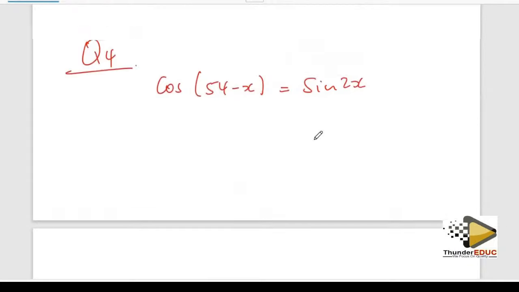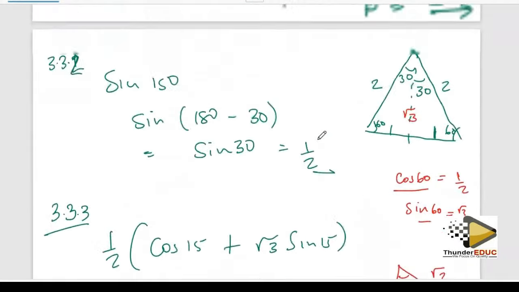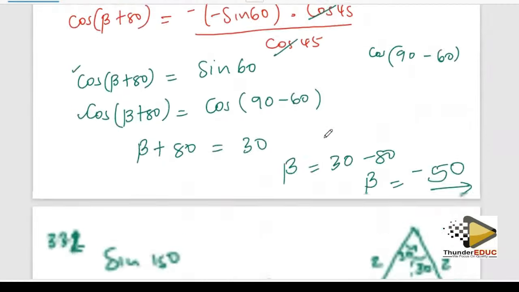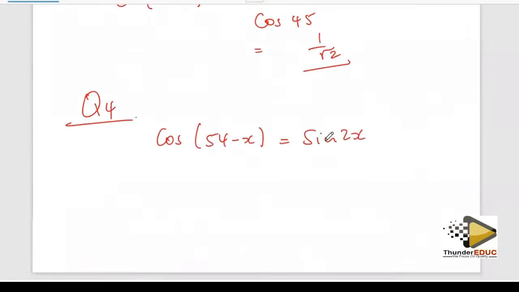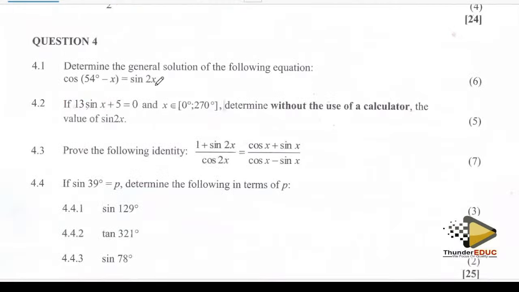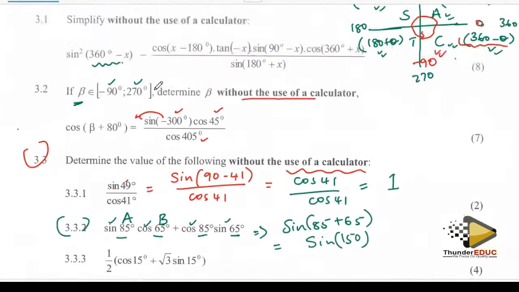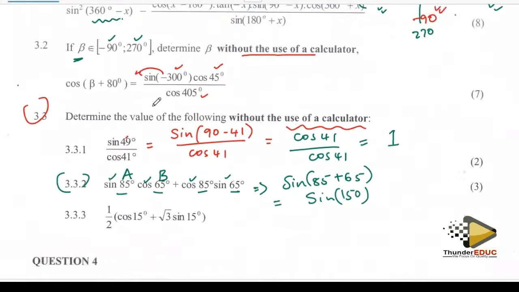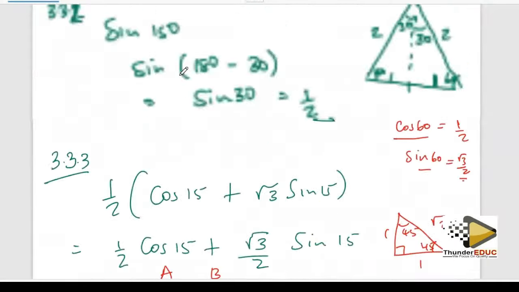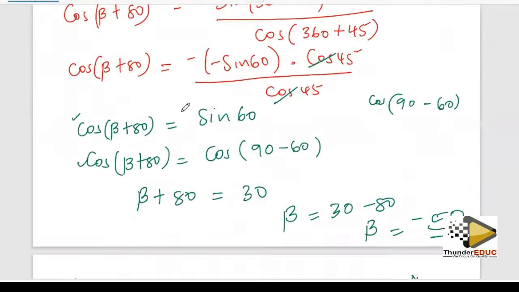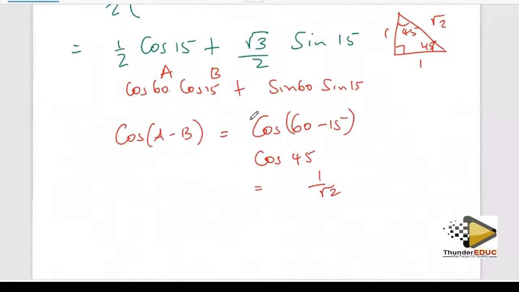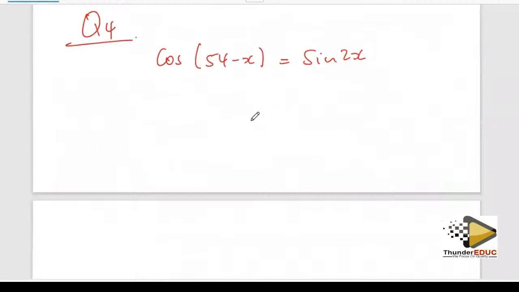Like in a question that we answered where we swapped the ratios and made them the same. Which question was that? Yes, it was 3.2. At this point we changed this to the same kind of ratio. It's the same thing I'm going to apply here for question 4.1.